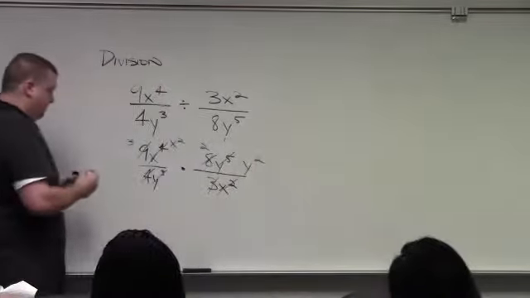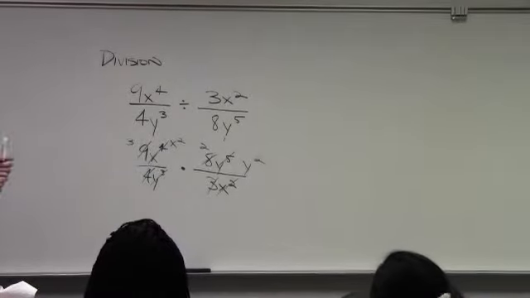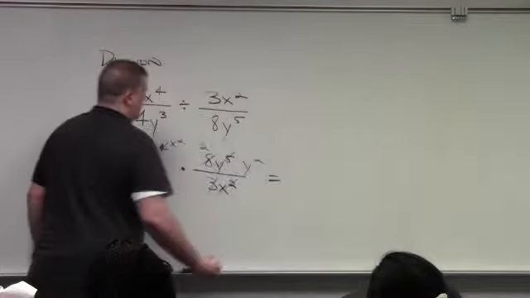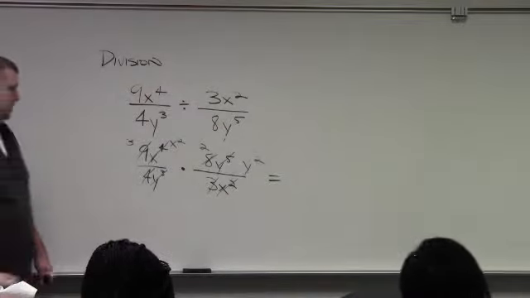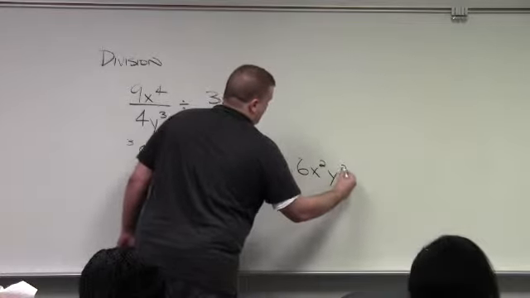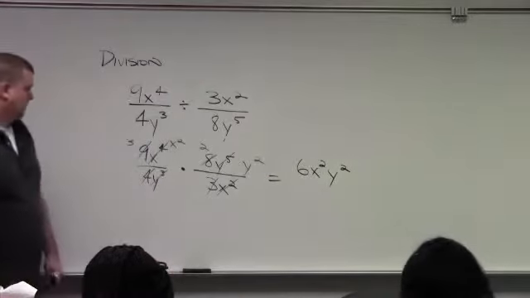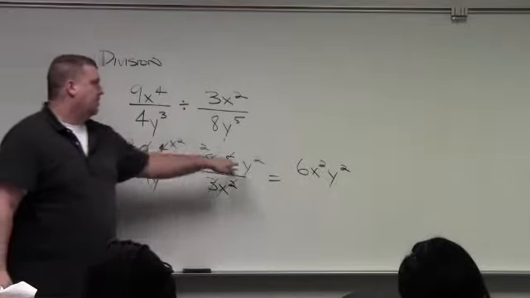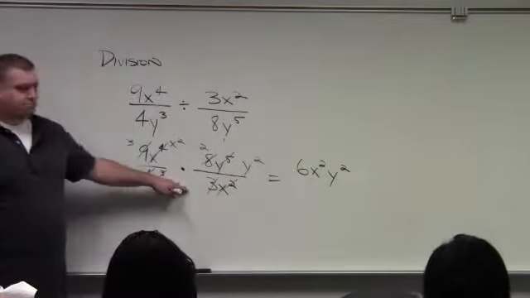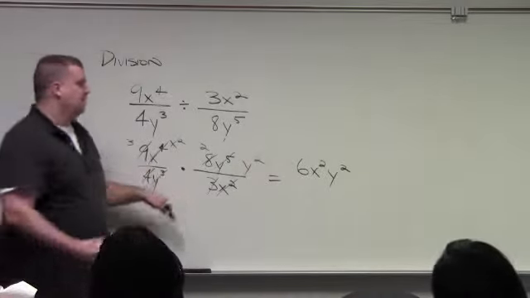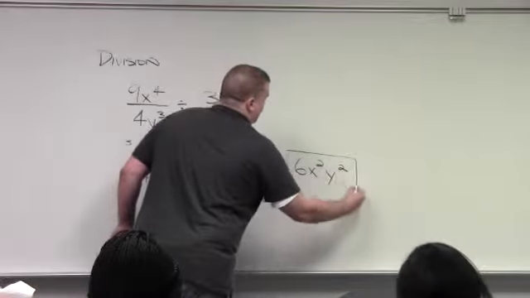Oh, this is a little different. All right, so what do I have when I multiply all that across on the top? 6x squared y squared. Okay. Yeah, we got the 3 times the 2, which is 6, and then we have x squared and y squared. Do I have anything on the bottom? Oh, 1. I could put a 1 there, but is it necessary? No.